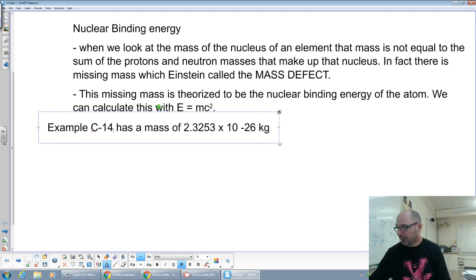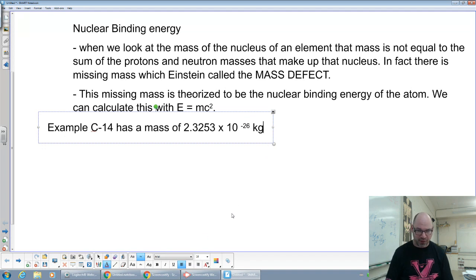Okay, so we're going to do this with kilograms. Often you'll see some books do this with something called the electron volt, which is a particular measure of energy for really small energies. But we're going to do it the old-fashioned way first, and then we'll get into the electron volt and atomic mass unit, which is something other than kilograms as well. Okay, so we have an example of C14 has a mass of that.